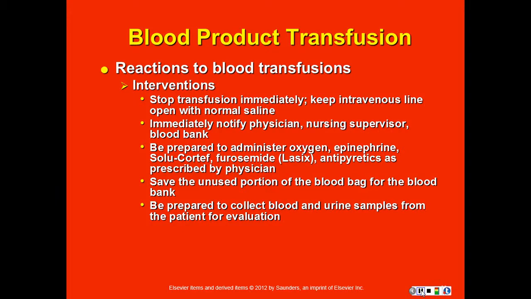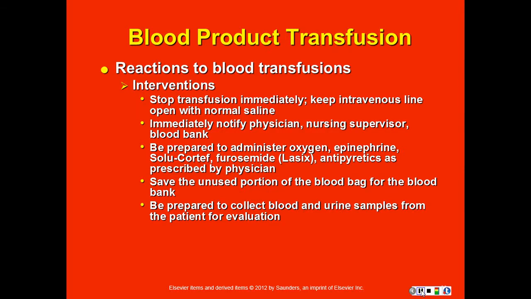Why urine samples? Why in the world do I care about a urine sample if I have a patient who's having a reaction? What happens when you have ABO incompatibility, a true reaction where your antibodies and antigens are fighting those red blood cells?